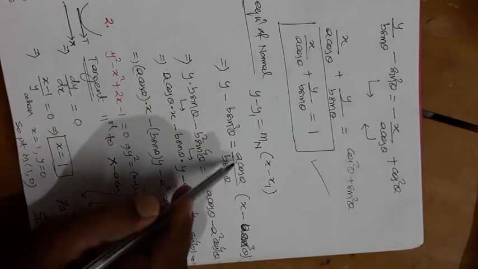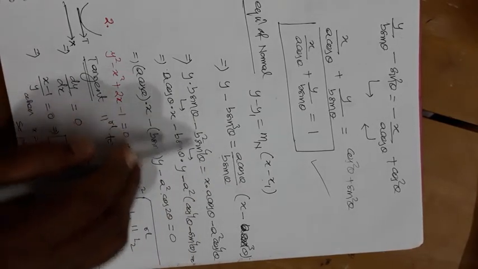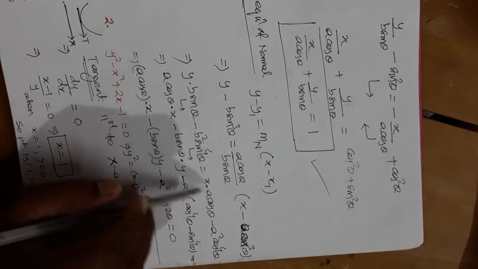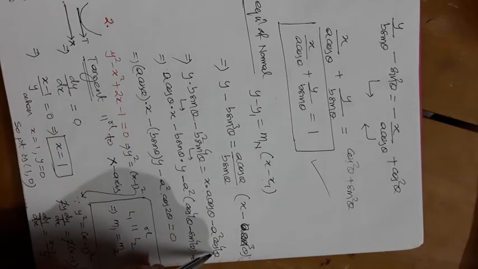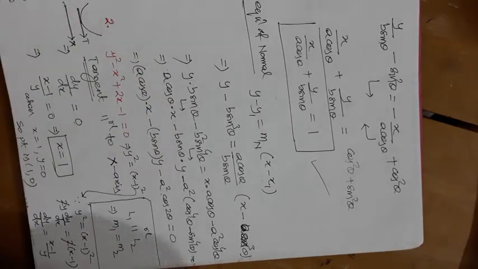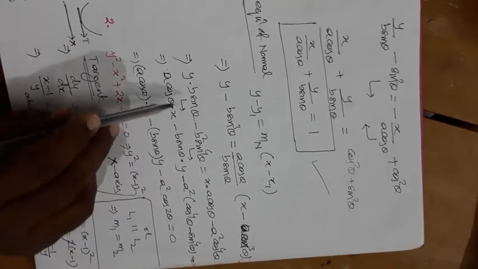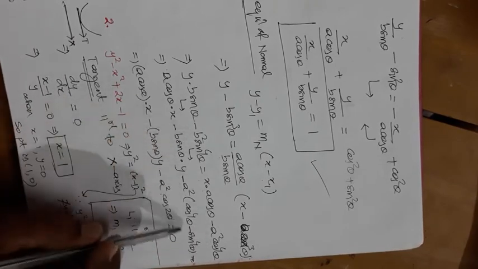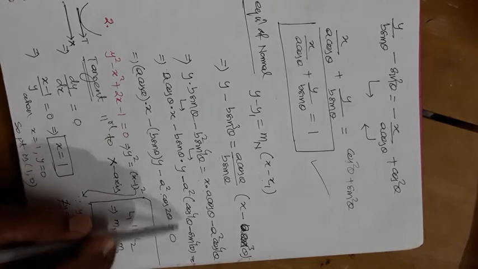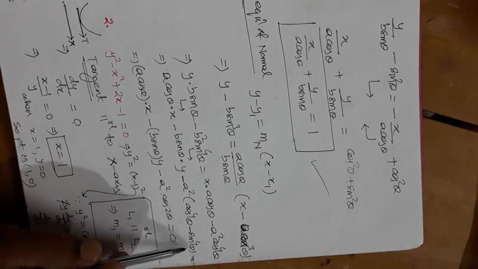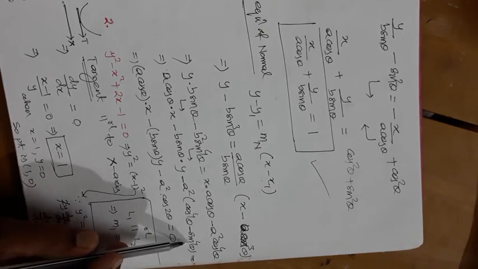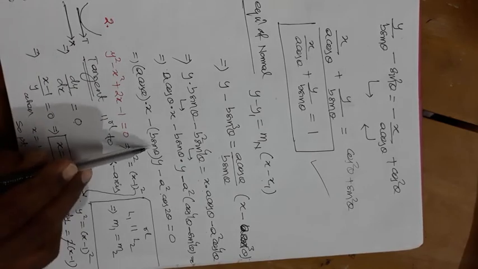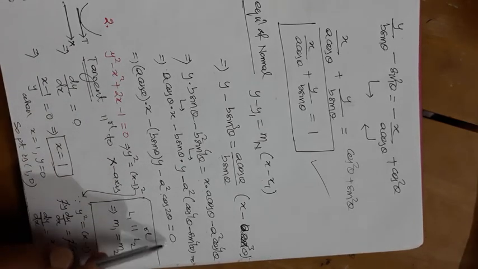In place of mn you put a cos θ/(b sin θ), and multiplying through, y·b sin θ − b² sin²θ = x·a cos θ − a² cos²θ. Now taking everything to one side, it becomes a cos θ x − b sin θ y − a² cos²θ + b² sin²θ = 0, that is (a² − b²)(cos²θ + sin²θ) form. Using cos²θ − sin²θ = cos 2θ, the equation of the normal is a cos θ x − b sin θ y − (a² − b²) cos 2θ = 0.